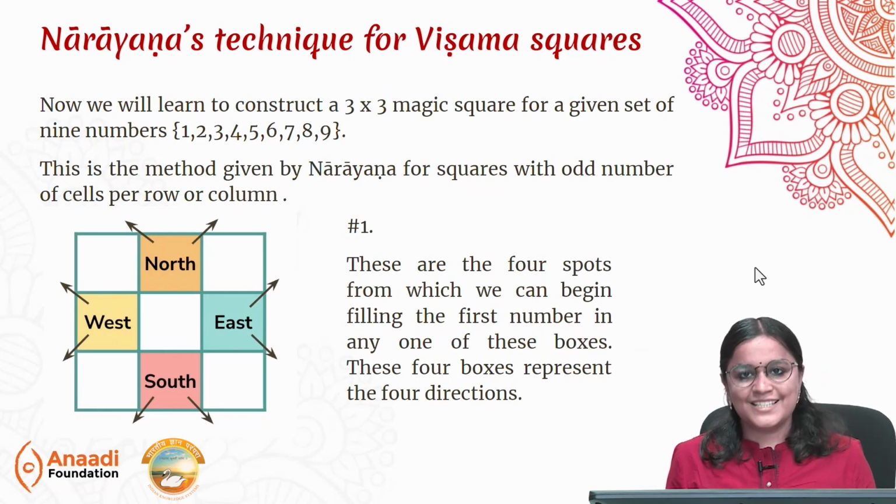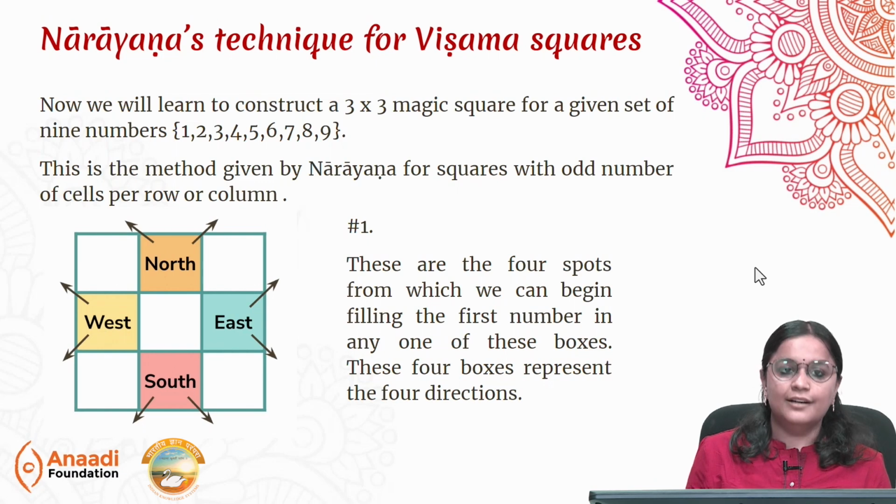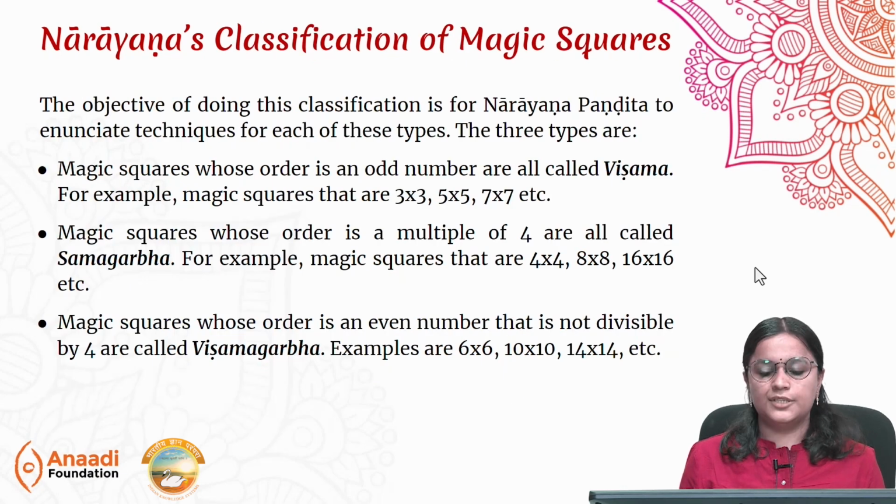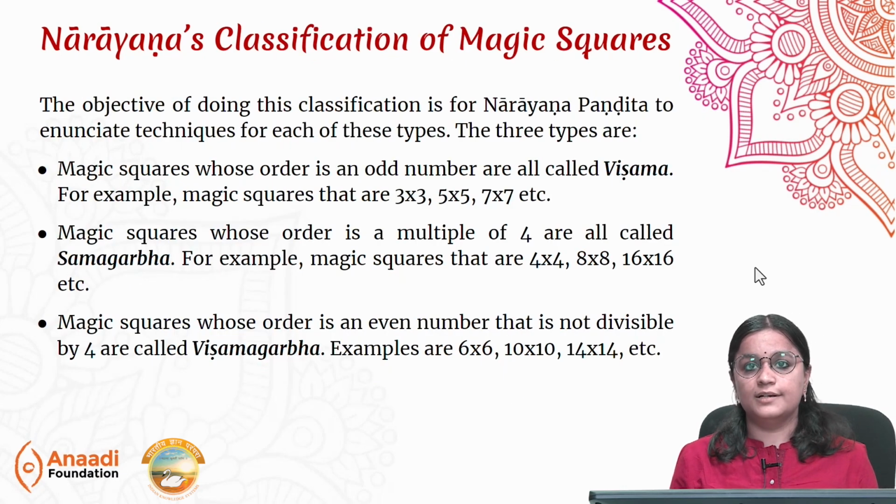Now comes the interesting part where we will actually learn one of Narayana Pandita's techniques for the Vishama squares. As you may remember, Vishama squares are squares which have an odd number as the order.